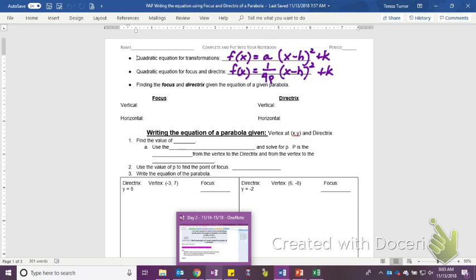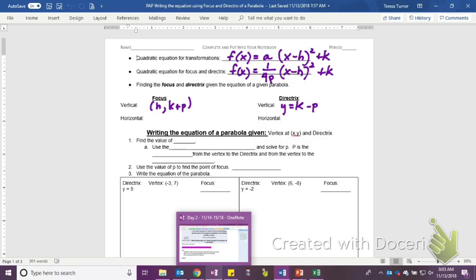In a vertical parabola, the focus is h comma k plus p, and the directrix is y equals k minus p.